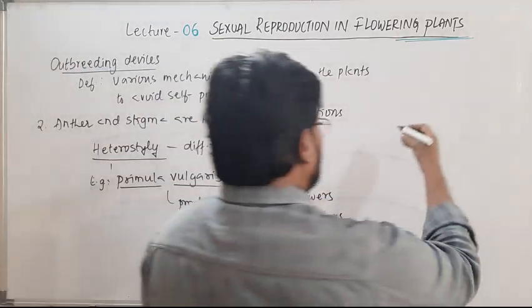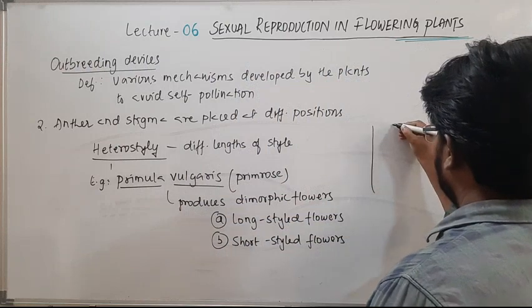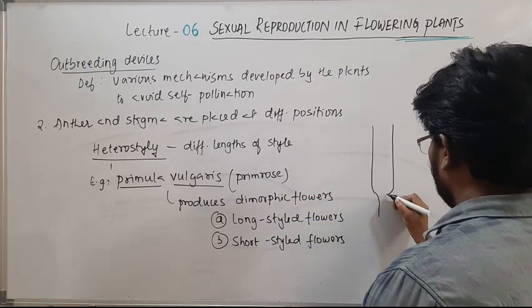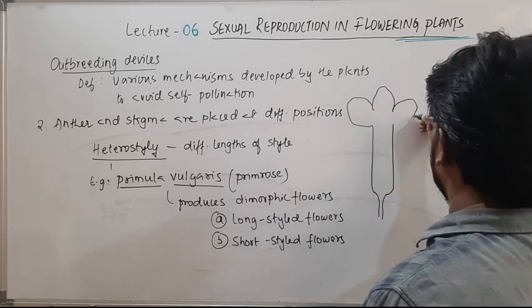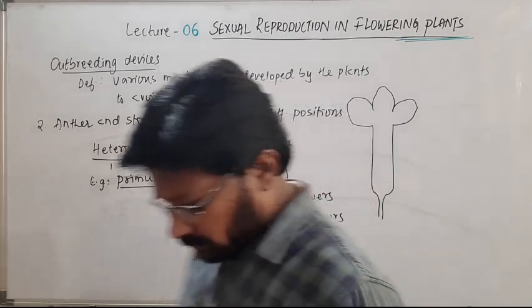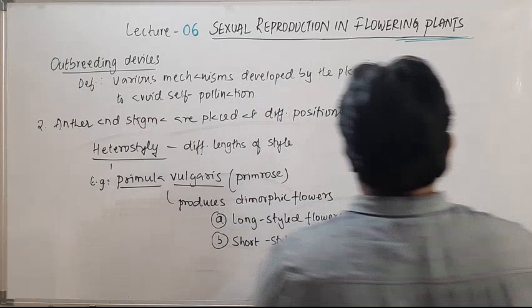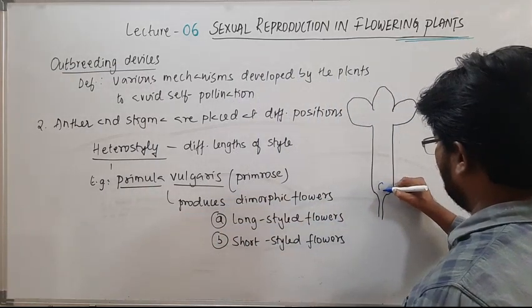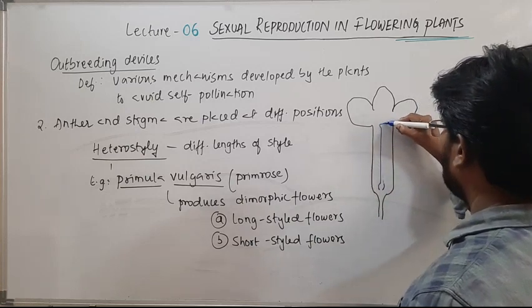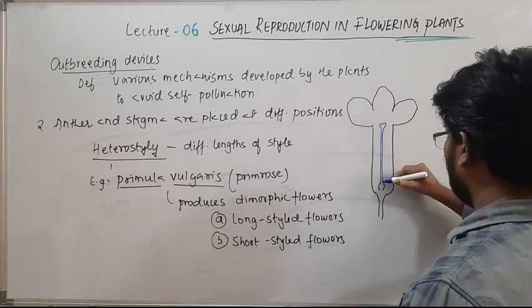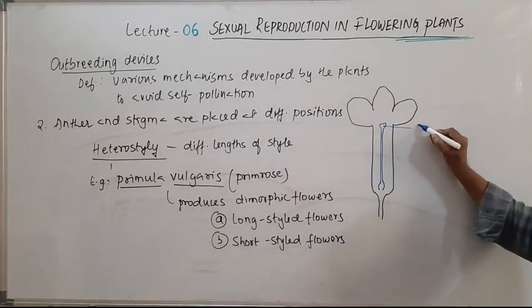Now let's see in this Primula vulgaris flower. Here we have the ovary, and this is the style, and you can see the stigma present at the top.